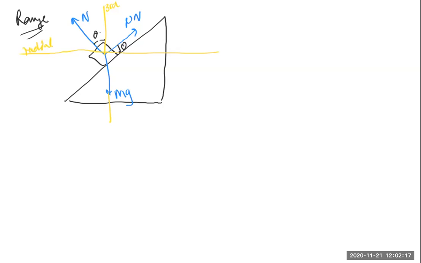So this is mu N cosine theta. And here we will get mu N sine theta. Here we will get N cosine theta. Here we will get N sine theta. And here, of course, mg is there.